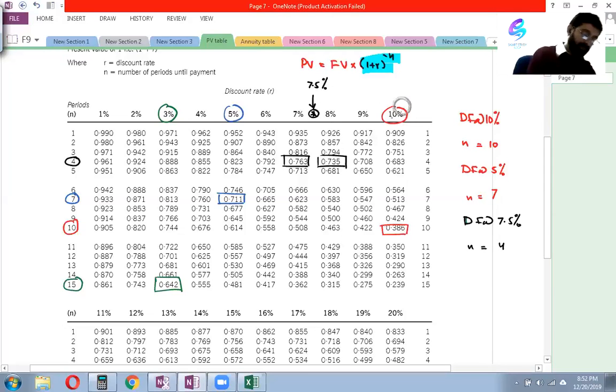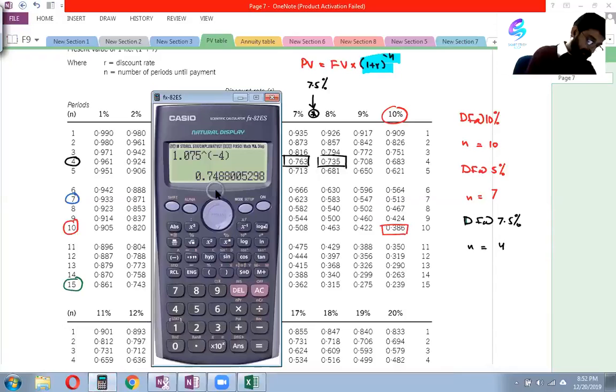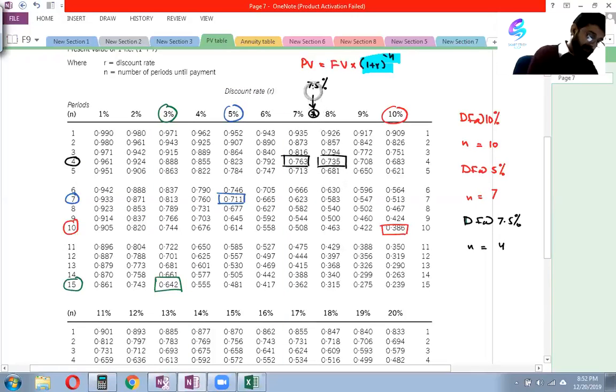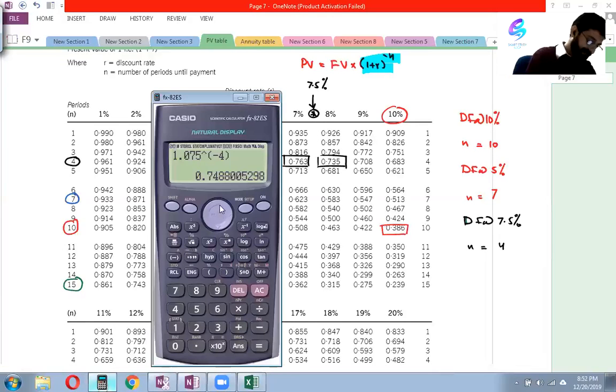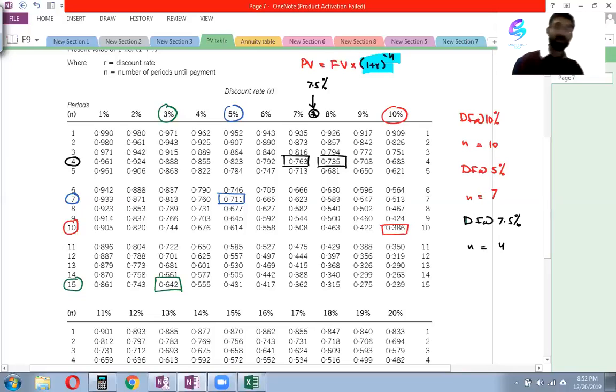So 0.749 is actually for the discount rate of 7.5% for year 4, right? And that's not 4 years or 7 years or 10 years. That's the 4th year or the 7th year or the 10th year or the 15th year. That's 1 year. Remember that, right?